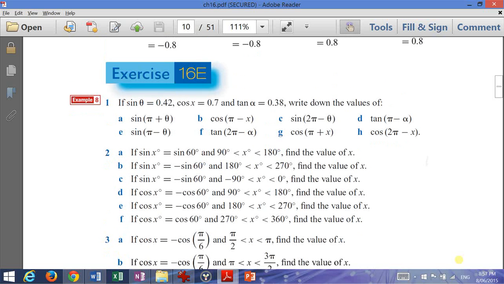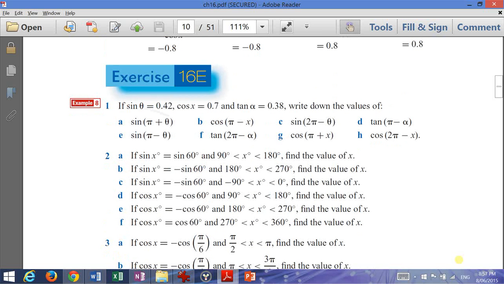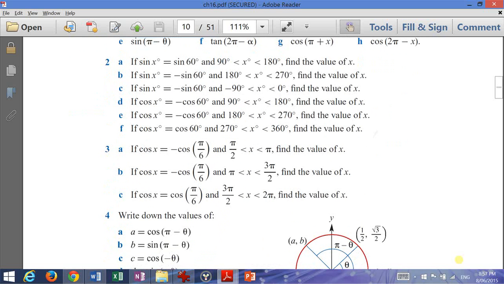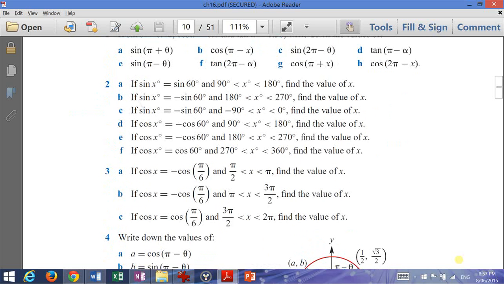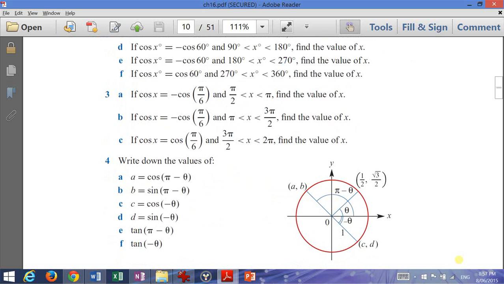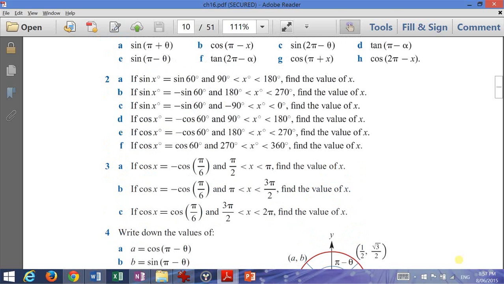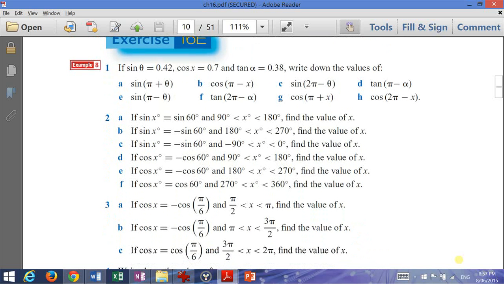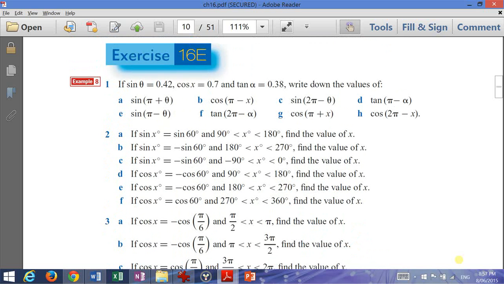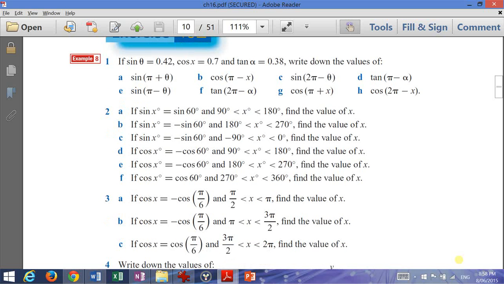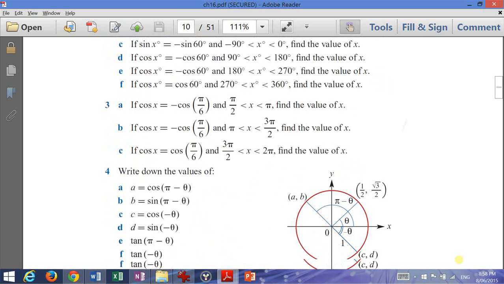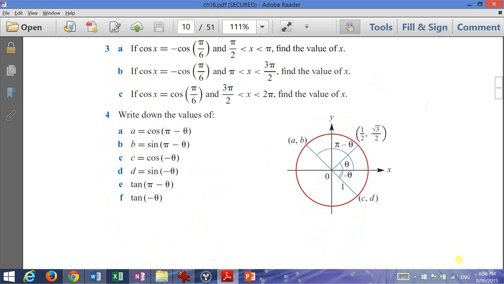If you have a look at the questions here, the first question asks you to apply those symmetries, and then the other questions ask you to apply the symmetries in terms of the quadrants, like the last two examples that we were doing. You'll find that applying the symmetries in question 1 is something that comes up quite a bit, and that's a skill that is good to get used to, and questions 2, 3 and 4 are more checking your understanding of the symmetries and how well you follow them.